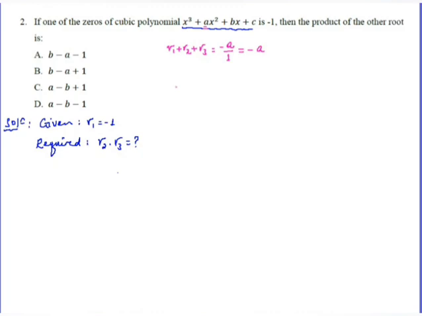This is one thing. The other thing is r1 times r2 plus r1 times r3 plus r2 times r3.